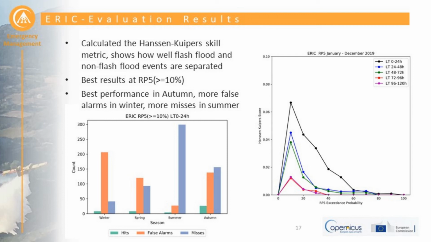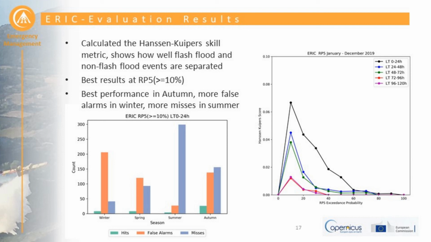The graph on the right shows different exceedance probability thresholds of the 5-year return period, going from 0% to 100%, and the different lines show different lead times. The black line shows 1-day lead time, blue is 2-day, green is 3-day, and it shows that the 10% exceedance probability threshold of the 5-year return period gives us the best results up to around 3 days lead time.